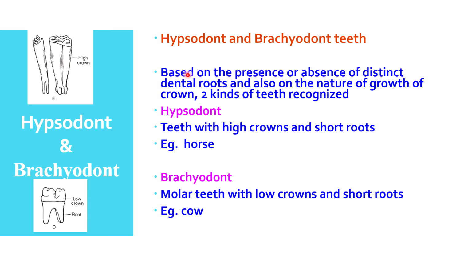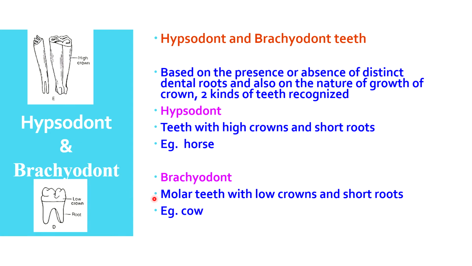Based on the presence or absence of distinct dental roots and also the nature of growth of crown, there are two kinds of teeth. They are hypsodont and brachyodont. Teeth with high crown and short root. See, these are the roots but these are the crown. So high crown and short root, that is hypsodont tooth, and this is seen in horse.